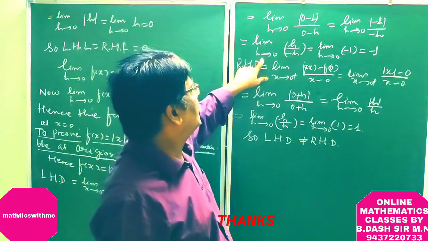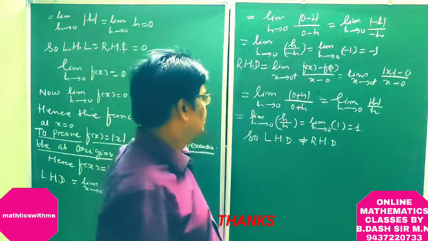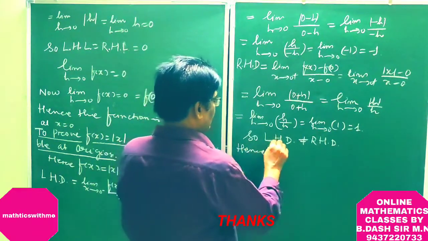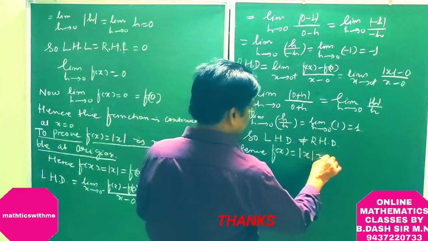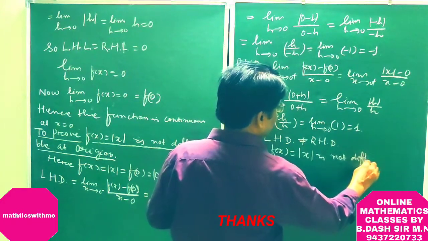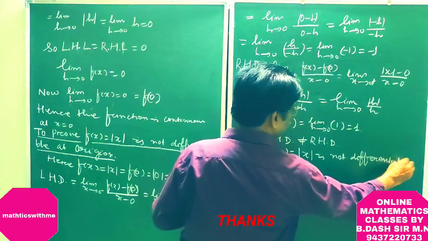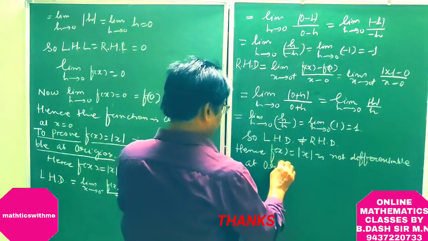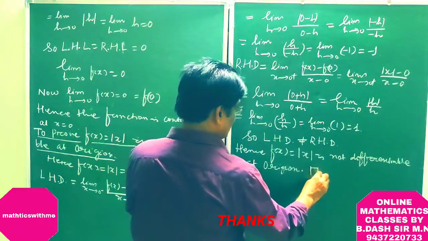So here left hand limit is minus 1, right hand limit is plus 1, so they are not equal. Hence f(x) is equal to mod x is not differentiable at origin. Proved.